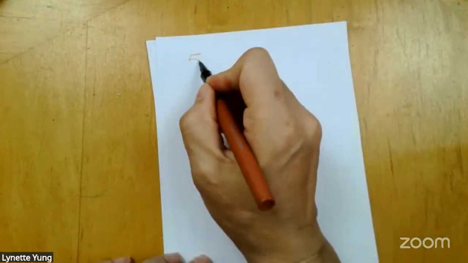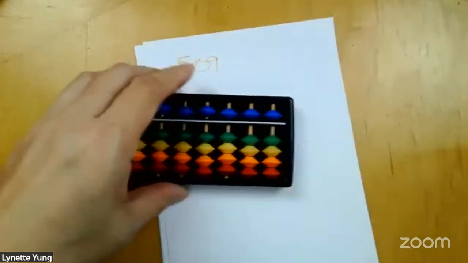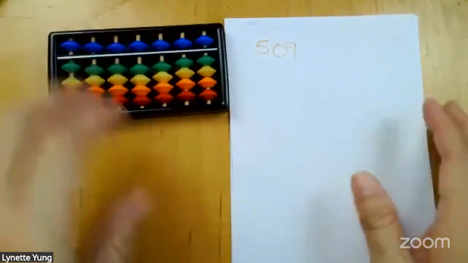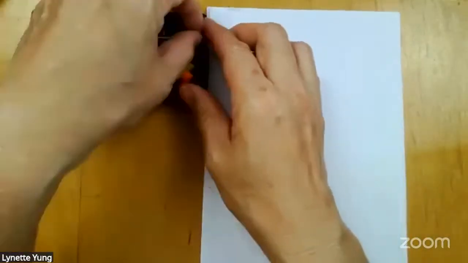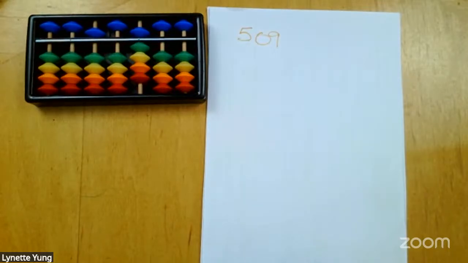So the question is, Lizzie's number is 500, and then Winnie's number is 10 less.